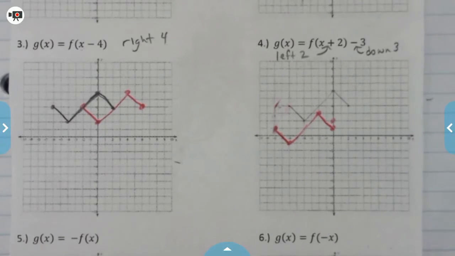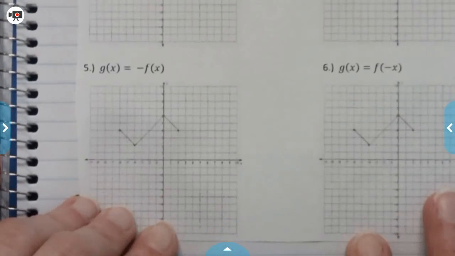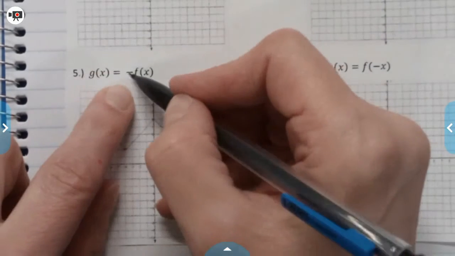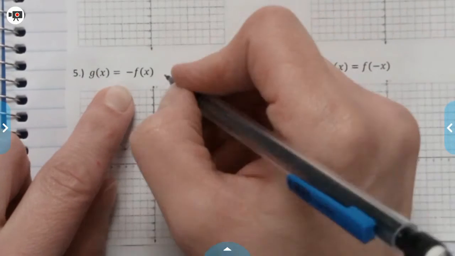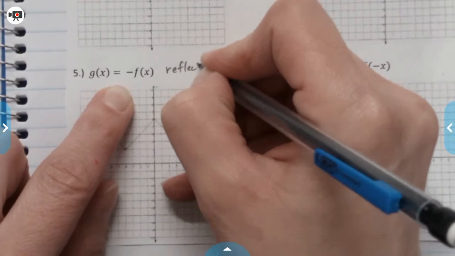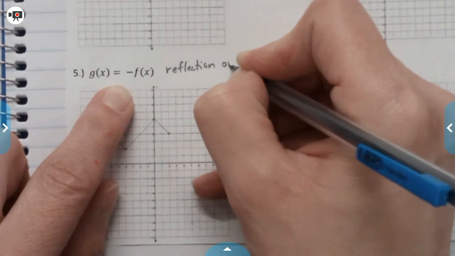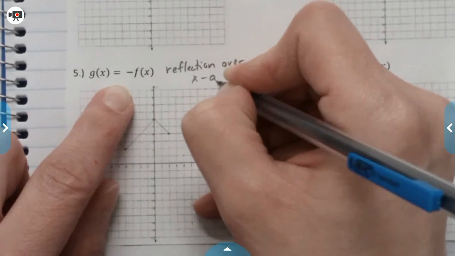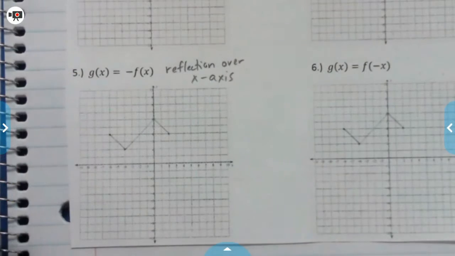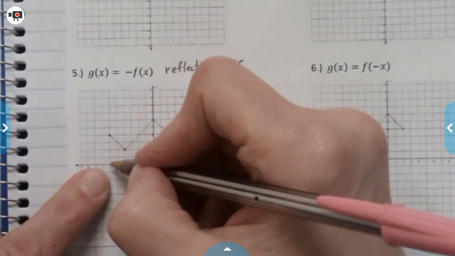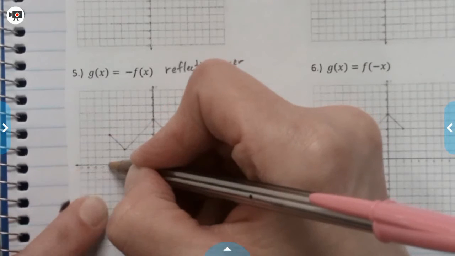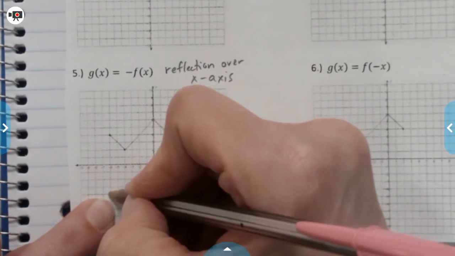All right, so let's take a look at number 5. If they put a negative in front of the f of x, in yesterday's notes we said that was a reflection over the x-axis. Up here, this point is 4 points above the x-axis, so I'm going to flip it and make it a point 4 points below.